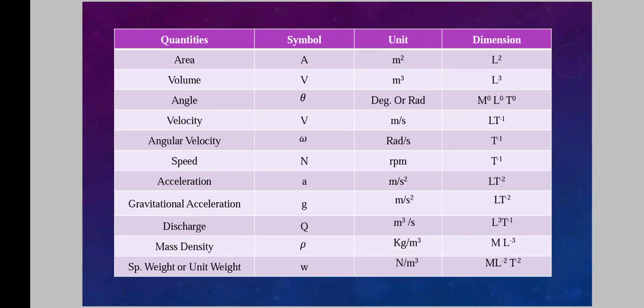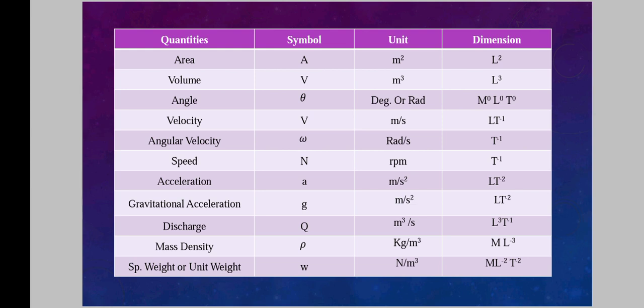This is the name of the quantity and the symbol, unit and dimension table. At first, for area, the symbol is A, the unit is meter squared and the dimension is L squared. Similarly, for volume, the symbol is V, the unit is meter cube and the dimension is L cube.